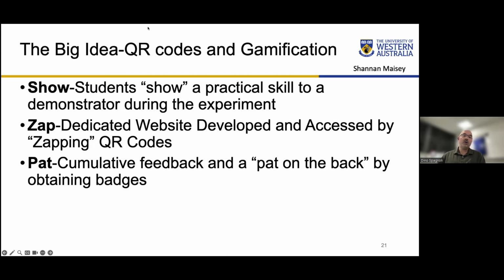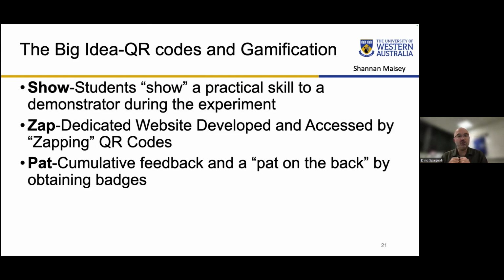The QR codes and gamification was the Show Zap Pat project, led by Shannon Macy, a former colleague of mine who is now doing great work at the University of New South Wales. The show was that students would show a practical skill to the demonstrator or teaching assistant during the experiment.